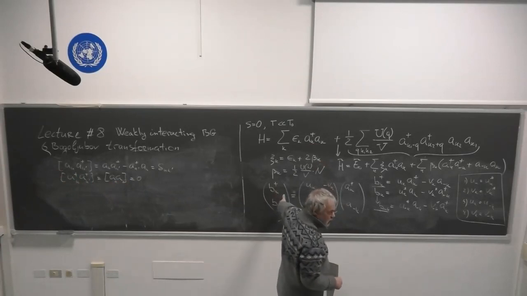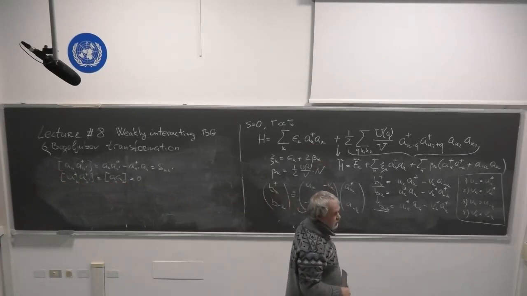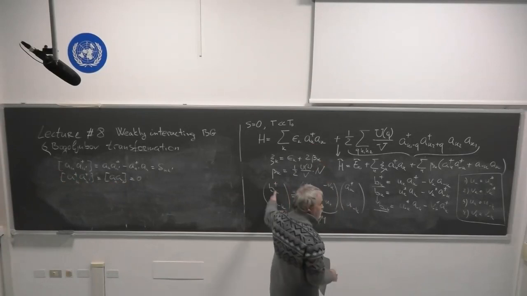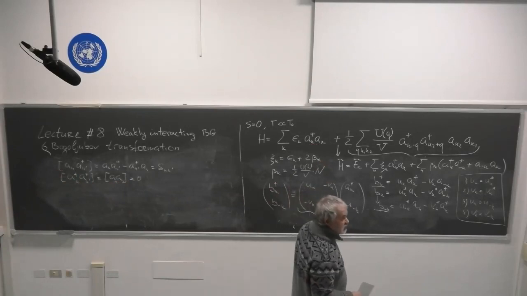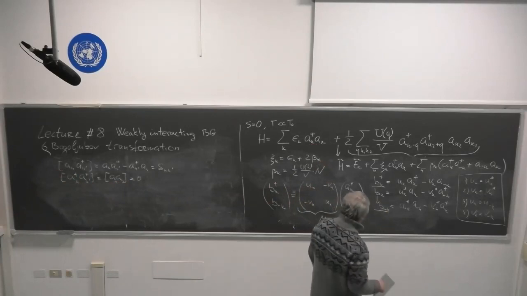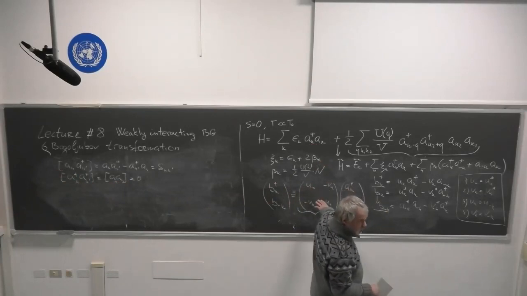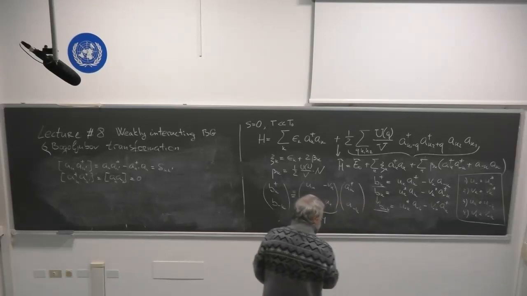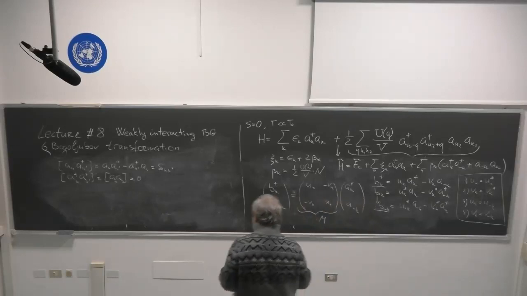I defined the B operators. However, I would like to request that the B operator possesses the very same commutation relations. I would like to deal with bosons at the end. And this requirement actually puts some constraint on the functions u and v, because I would like to preserve commutation relations.